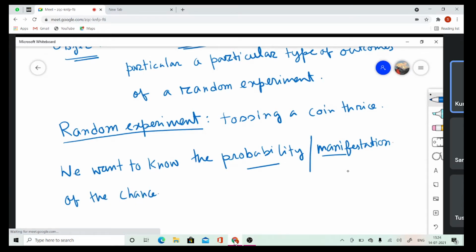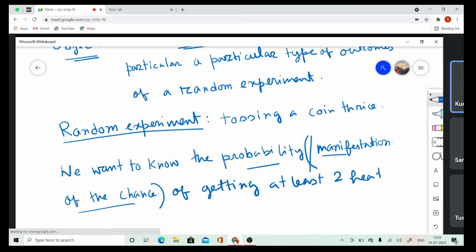Manifestation of the chance and probability are both the same thing, not different things. So we want to know the probability of, I'm putting this inside a bracket, getting at least 2 heads. Okay.